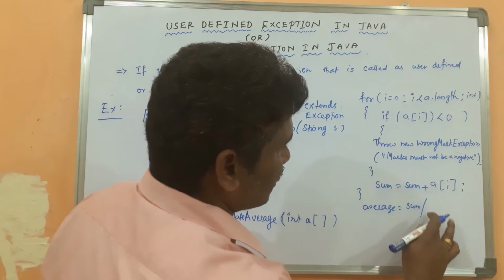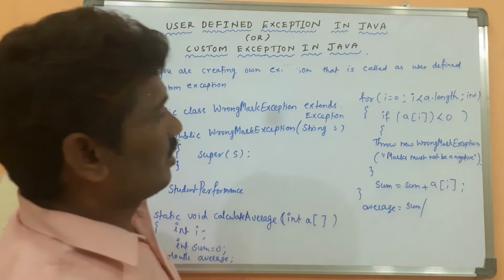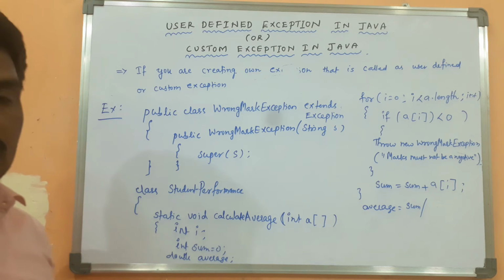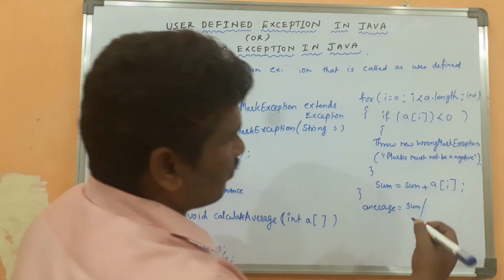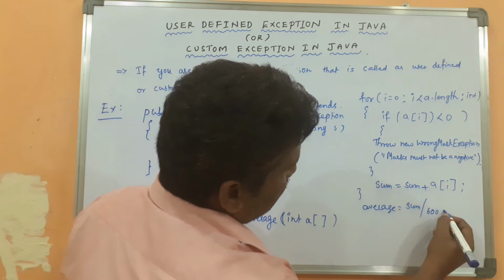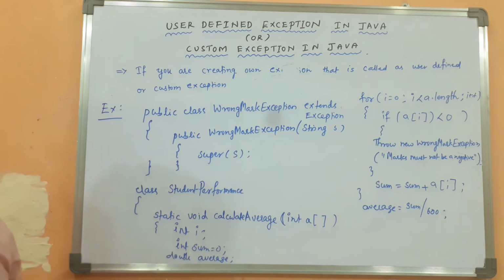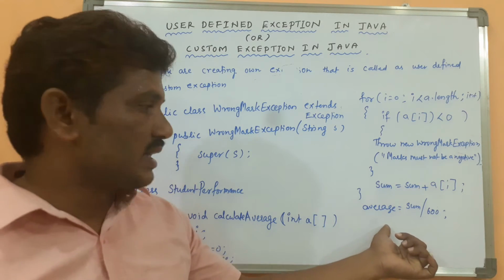What is the total marks? For example 600, sum by 600, then we can calculate the average.